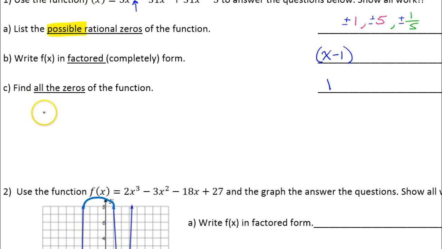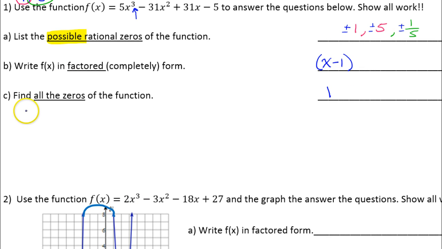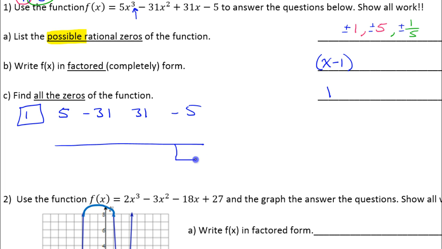So if I do my synthetic division, using the number 1, I have 5, negative 31, positive 31, and negative 5. I should get a 0 remainder.